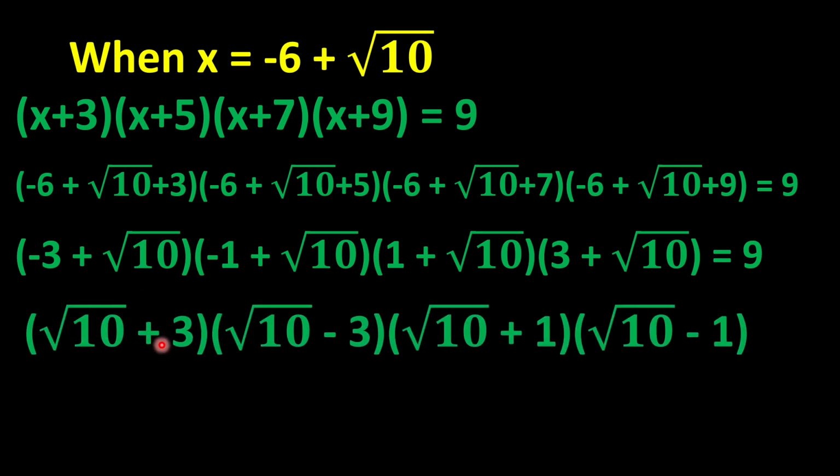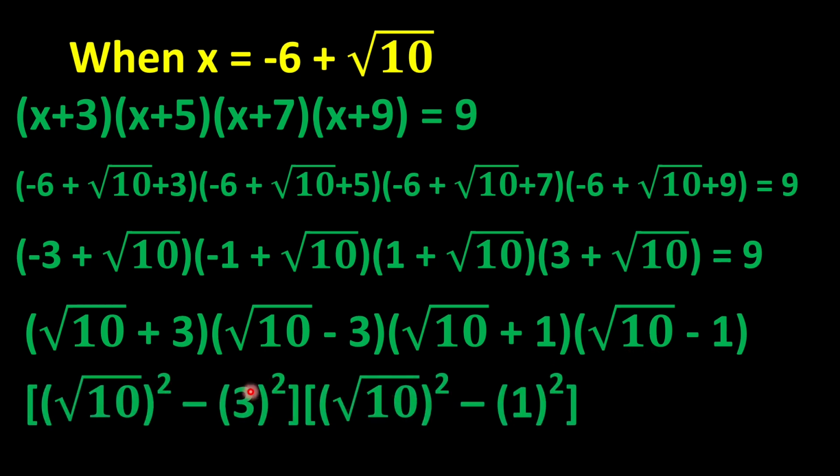Under root 10 plus 3 into under root 10 minus 3, and similarly under root 10 plus 1 and under root 10 minus 1. This is again in the form of a plus b and a minus b, so we apply the formula a square minus b square equal to a minus b into a plus b.